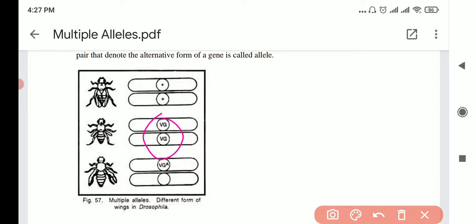If the gene is VG, the wings look small. And for another one, VGA and plain, the wings look, I don't know, maybe broken wings?